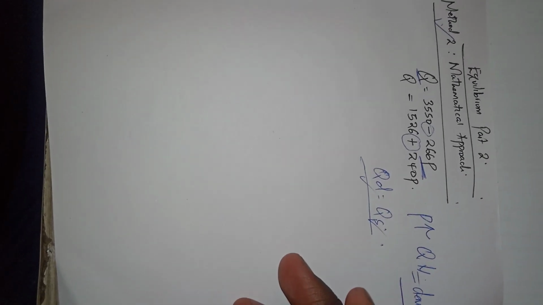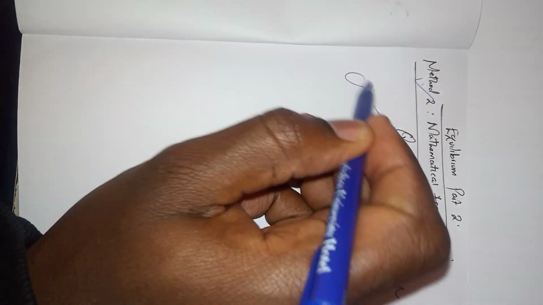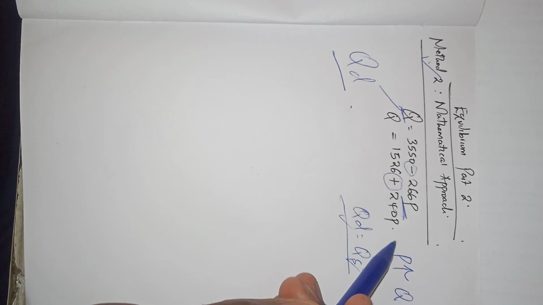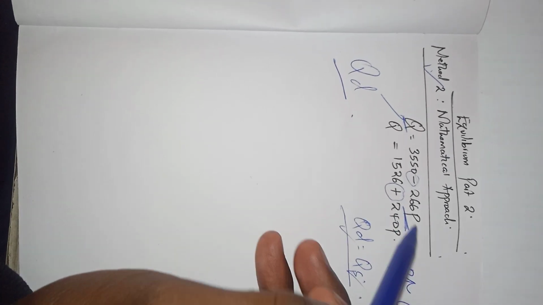So that tells you this is what? That is demand. The law of demand states that when prices are high, quantity demanded is low. So this first equation is Q, quantity demanded. Obviously, the second equation becomes the quantity supplied.